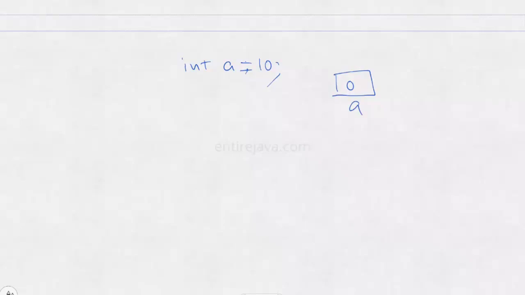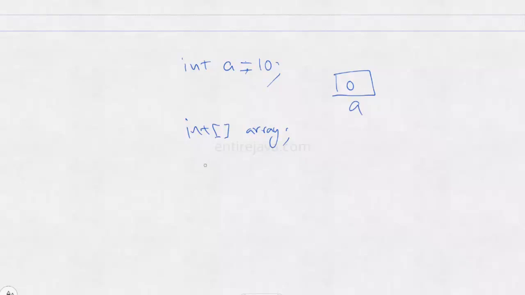For example, in case of array, if you say int square brackets array, this is just a declaration of array of integers. This would just tell compiler that we're creating an array of integers. Unless you use a keyword called new, no actual memory will be allocated.